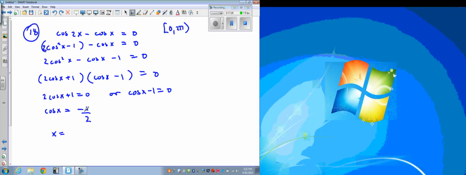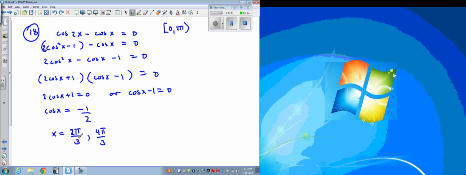Cosine x is equal to a negative 1/2 at 2 pi over 3, right? And where is the next place? 4 pi over 3.